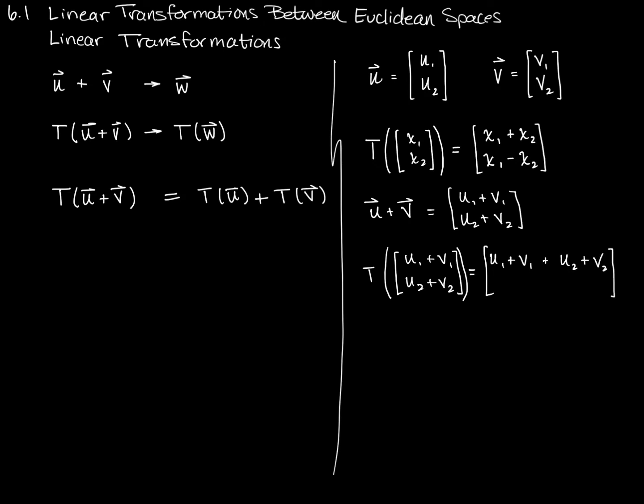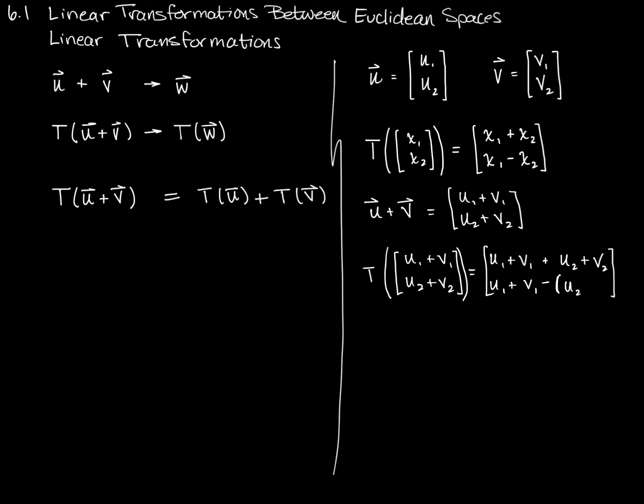And then for my second component, I'm going to have the first component minus the second component. So the first component is u1 plus v1 minus, now I have to be careful here, this is real number addition and subtraction I'm working with here, and multiplication. So I need to use real number properties, including making sure I use order of operations and distribution of negatives and all that kind of stuff.